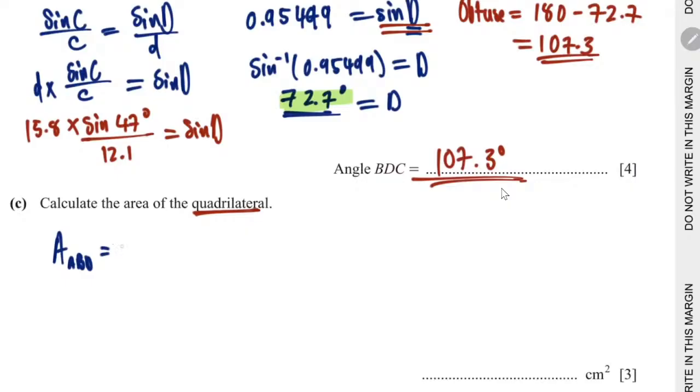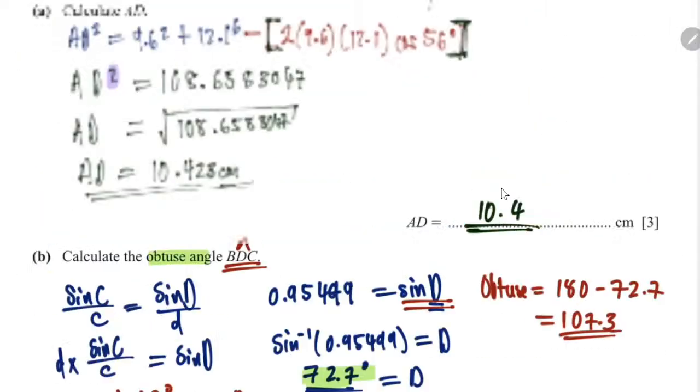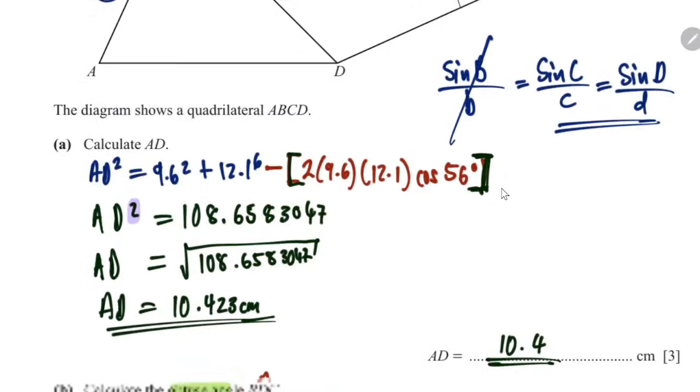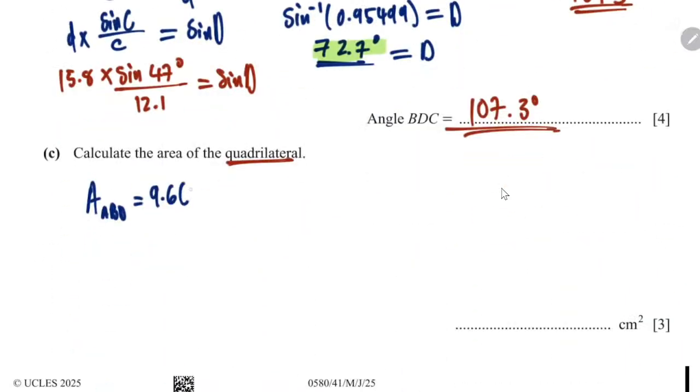So it is 9.6 times 12.1 times sine 56 degrees, all over 2. We get an answer. Can you hear me? Then this is for ABD.